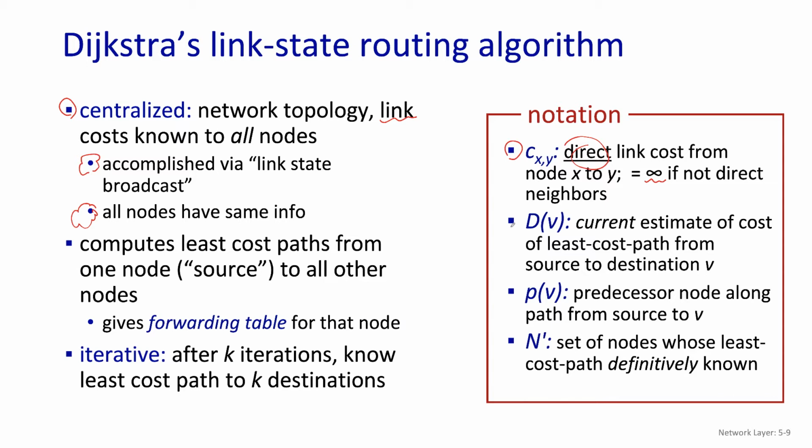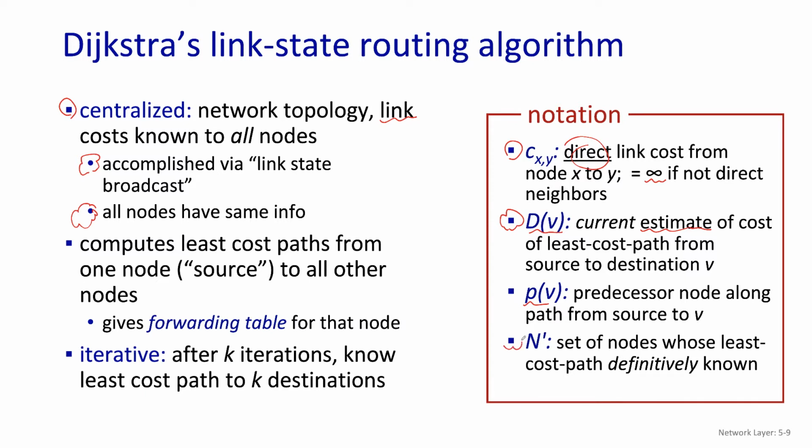Okay, so D(v) here is the distance, or the estimated cost from one end to another end. This is always, as you can see, an estimate. p(v) here is the predecessor of the node along the path, so from where you are coming.